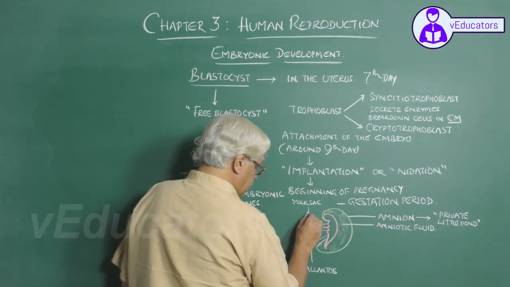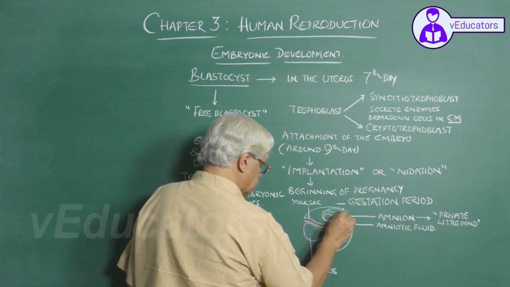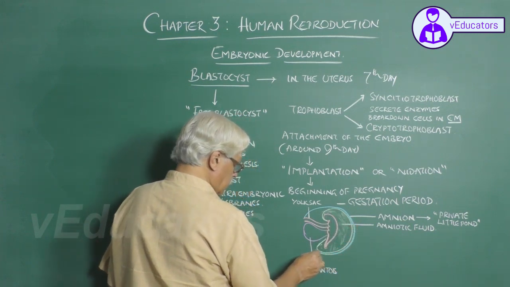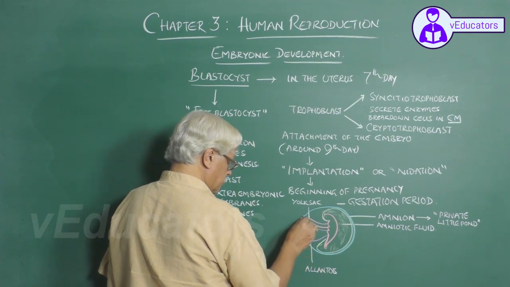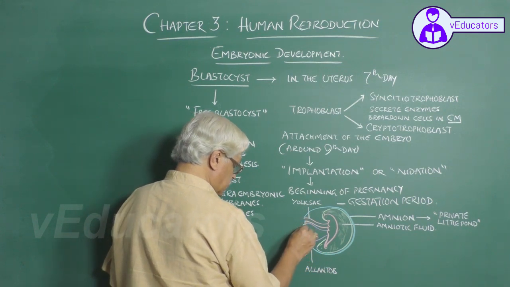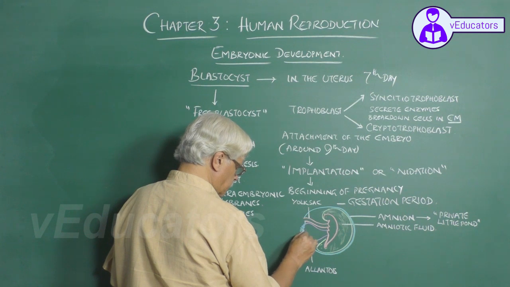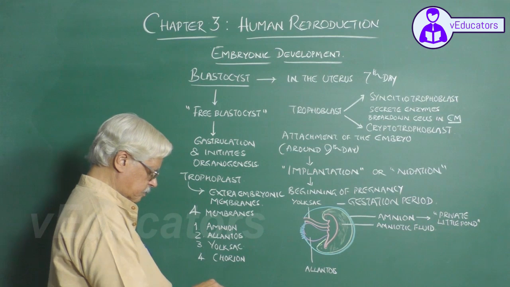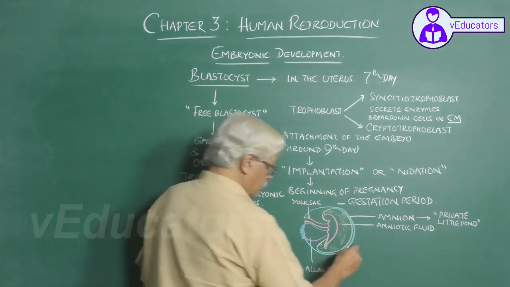Covering all these extraembryonic membranes, develops one more extraembryonic membrane, which is called chorion.